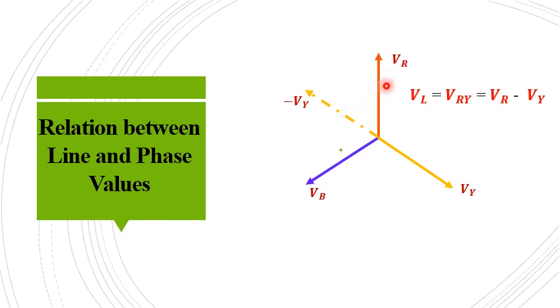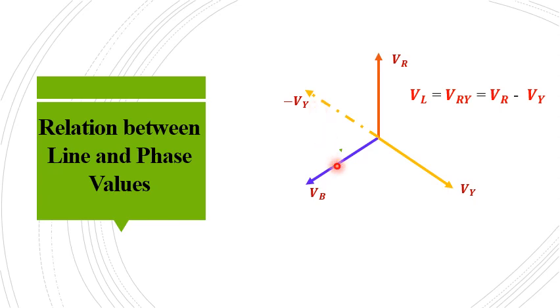Now to find the sum of these two phasors, VR and minus VY, we can use the parallelogram law of addition. That is, the sum of two vectors A and B will be equal to root of A square plus B square plus 2AB cos theta, where theta is the angle between those two vectors. For applying the formula, we need the angle between VR and minus VY.